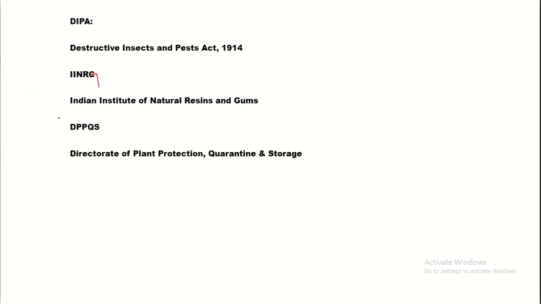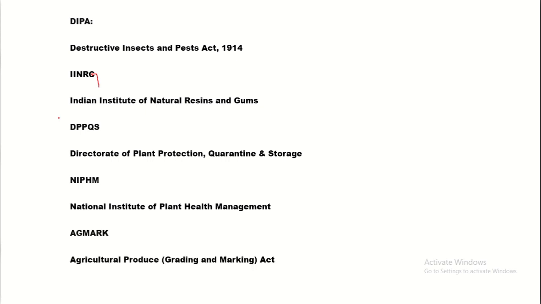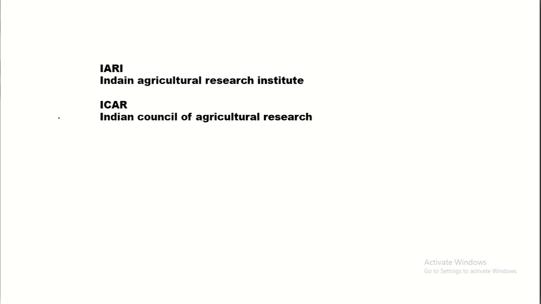DPPQS, Directorate of Plant Protection, Quarantine and Storage. NIPHM, National Institute of Plant Health Management. AGMARK, Agricultural Produce Grading and Marketing Act. IARI, Indian Agricultural Research Institute. ICAR, Indian Council of Agricultural Research.